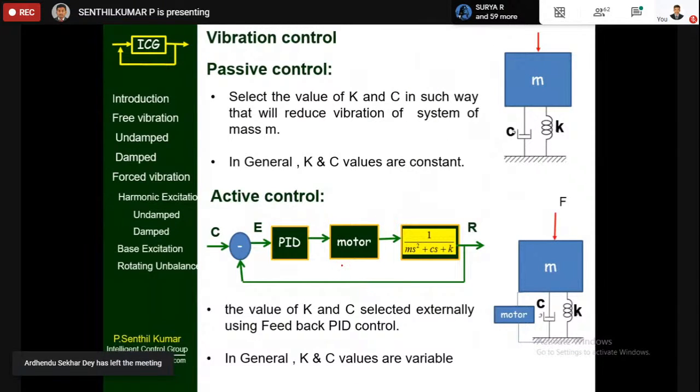Then there is control in vibration: passive and active. Passive means we use only spring and damper. Active means we use a motor. That's an advanced topic, but you may get 1 or 2 questions. Right now Audi and Benz use motors in suspensions. The Audi A8 comes with active suspension, an advanced control.